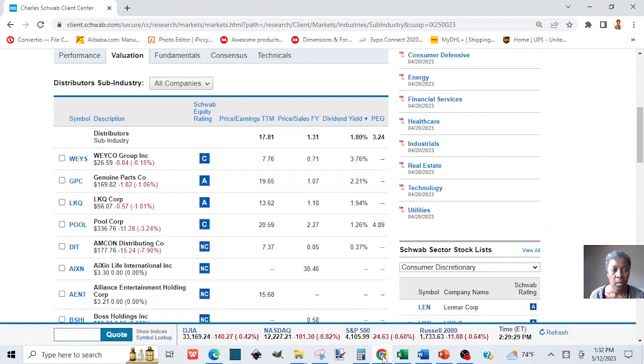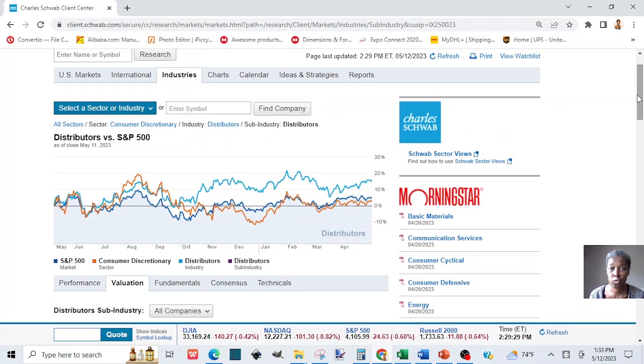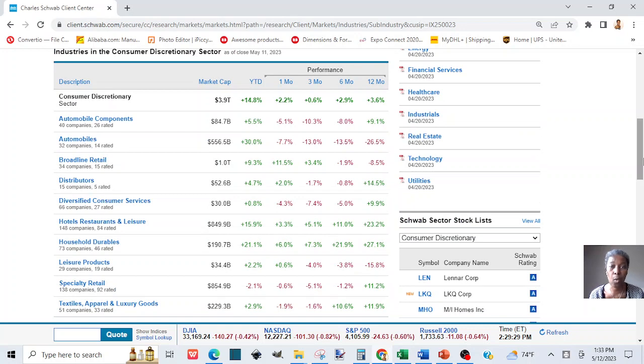So now that we have some stocks, we went through two industries under discretionary. We didn't go through the whole sector. We went through two industries, Broadline retail and distributor.